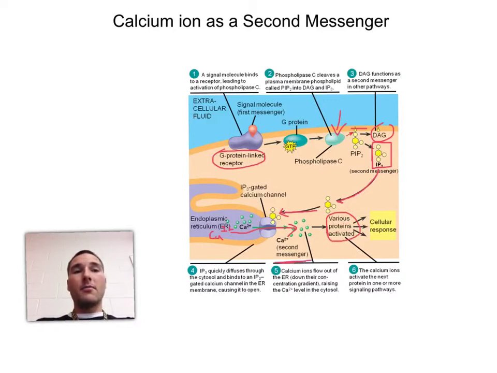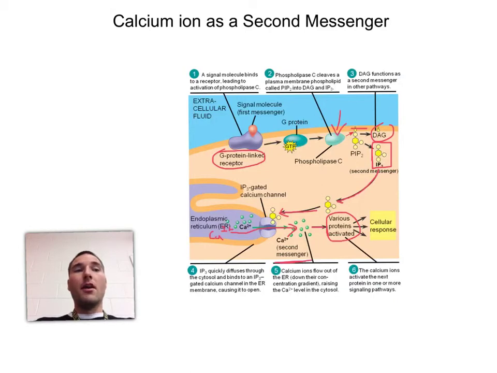And then those calcium ions, as they touch or attach to different proteins in the cell, they will activate them. So here's a way that the cell is increasing calcium concentration inside the cell. And when it does that, it starts to activate proteins that can cause a cellular response.